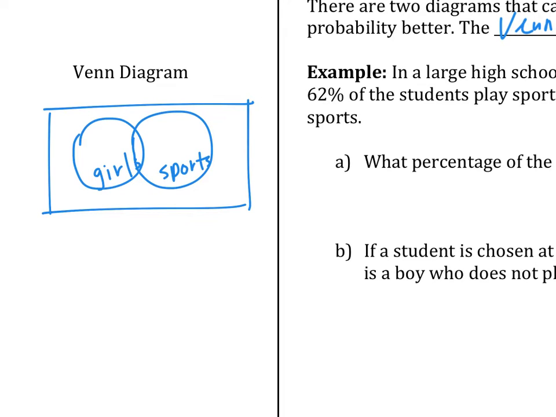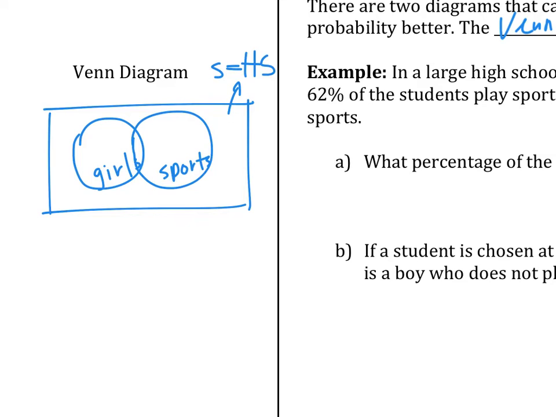Okay, so this sample space is basically just this high school. We're not actually going to look at all the numbers for every single high school. It is just this high school, so we set the sample space within this high school.